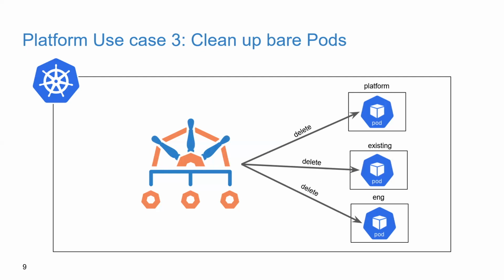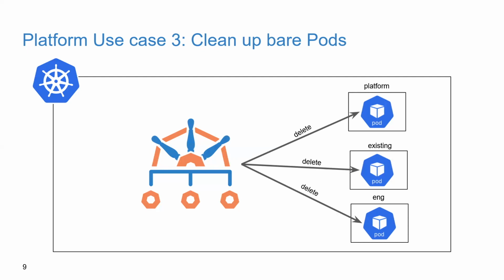And once those pods have done their job and users and operators have execed into them or done whatever they need to do, they might still be running out there. And in cases where you might be running Kubernetes in a public cloud environment, this can incur additional costs because you multiply this by multiple teams and multiple namespaces. It's not uncommon to see many of these pods running out there, and that could become fairly cumbersome and introduce a lot of clutter.